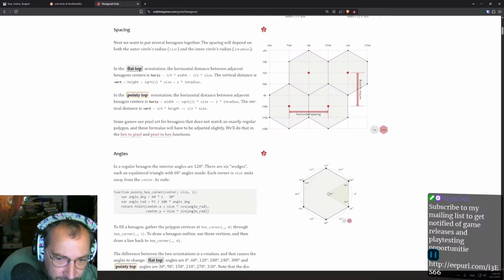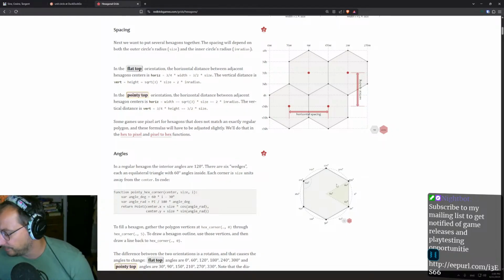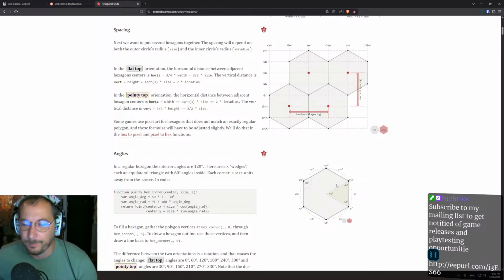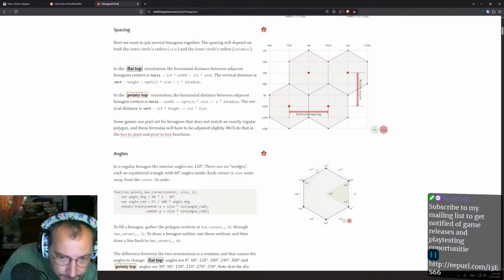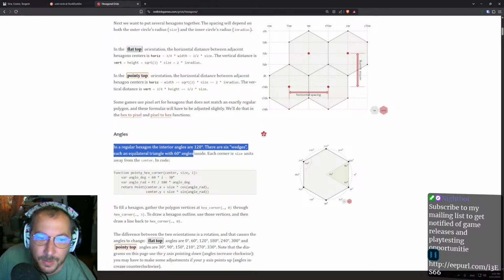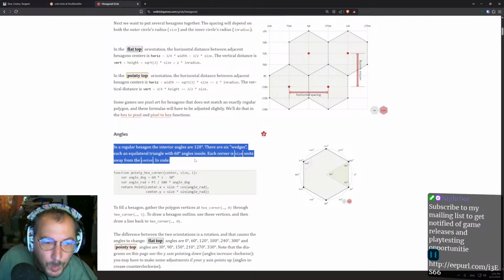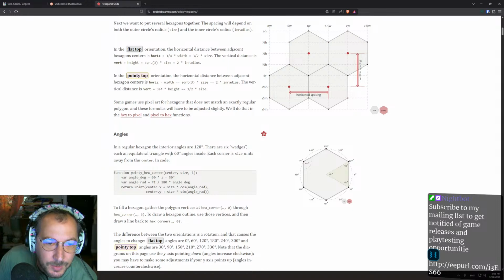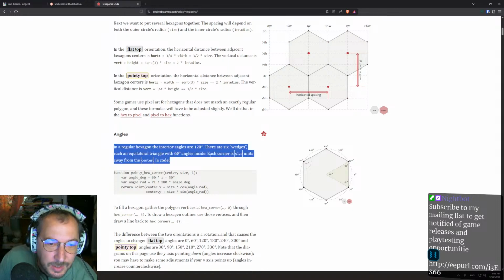They're all 60-degree points. That makes sense because it's a 60-degree angle around each. In a regular hexagon, the interior angles are 120 degrees. There are 6 wedges, each an equilateral triangle with 60-degree angles inside. Each corner is size units away from the center.